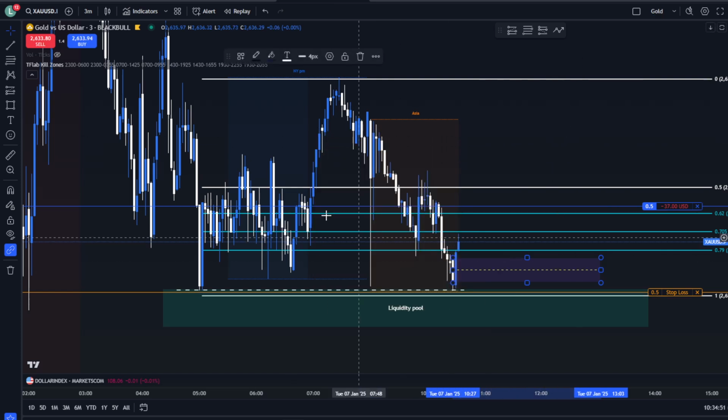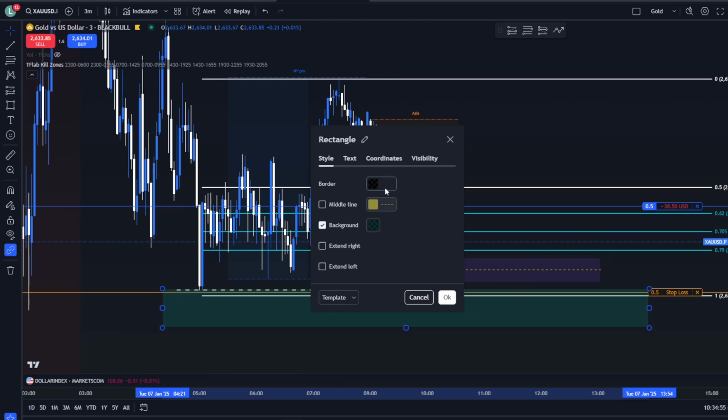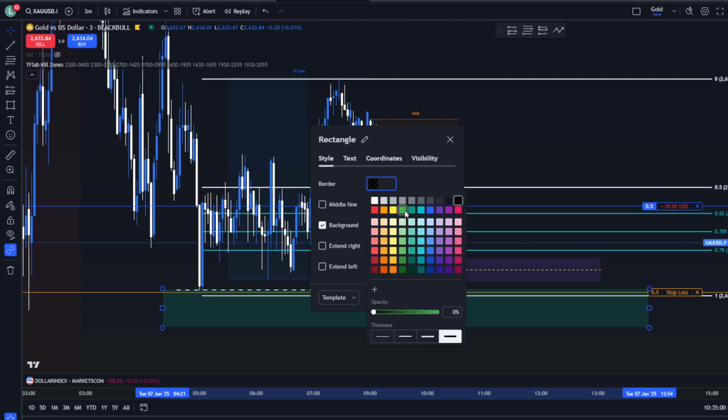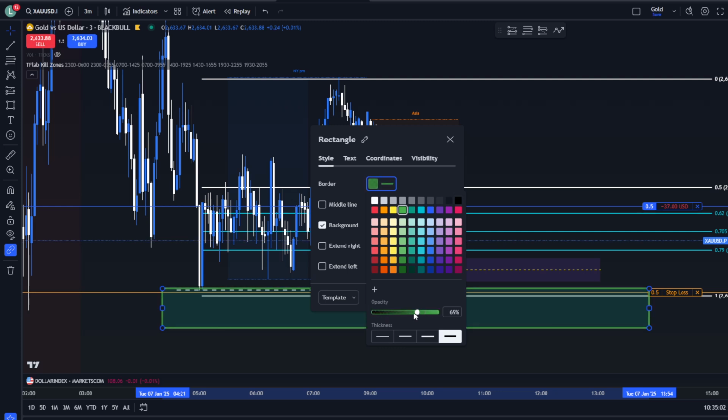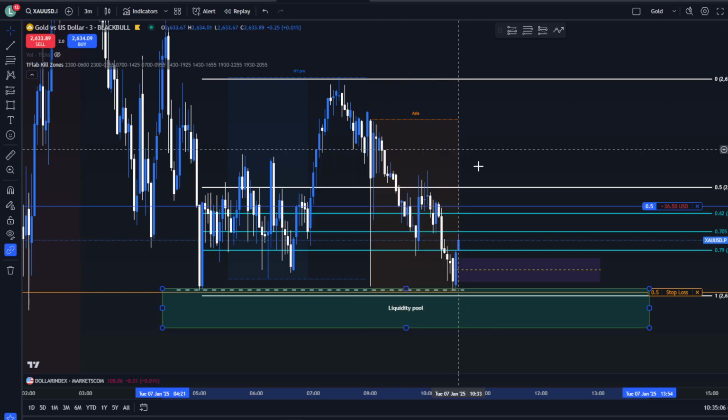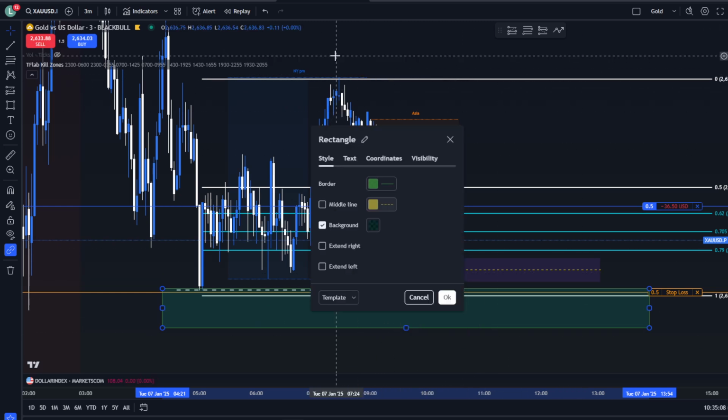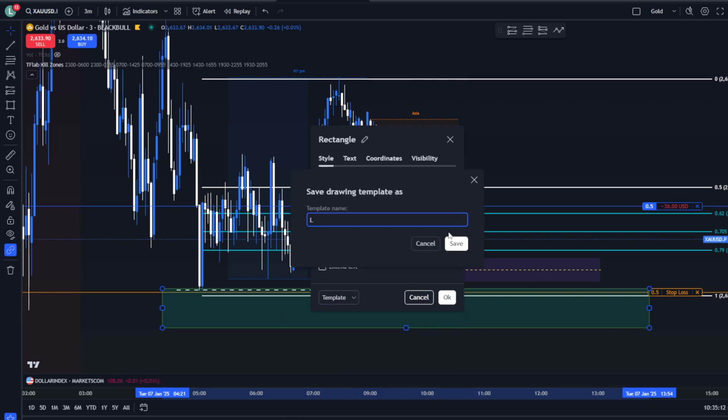Alrighty. I need to save this, actually. I need to save this liquidity. It's a border. I'll get this nice and thin. This is a liquidity pool. Template. Save as liquidity zone.